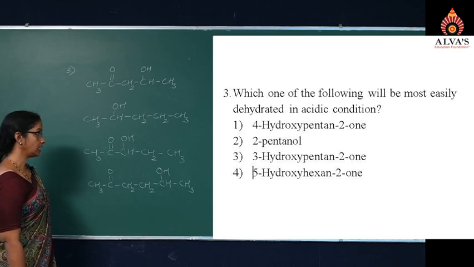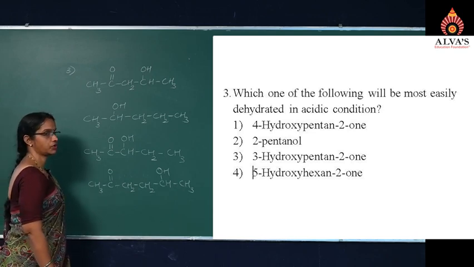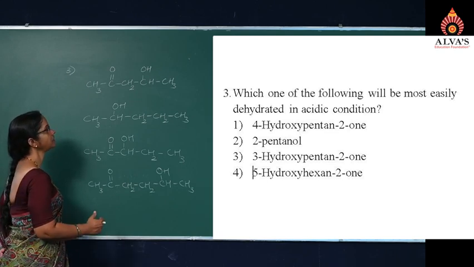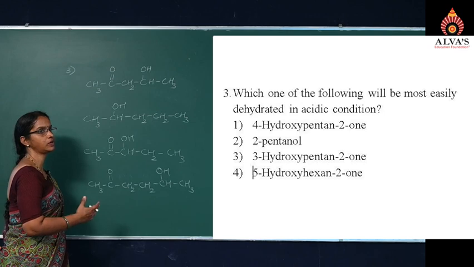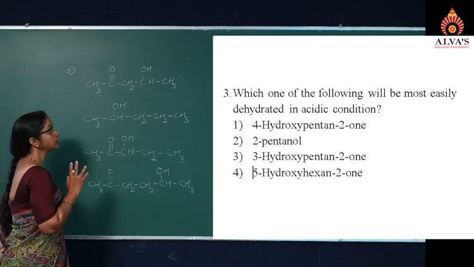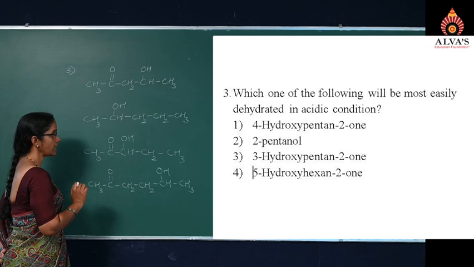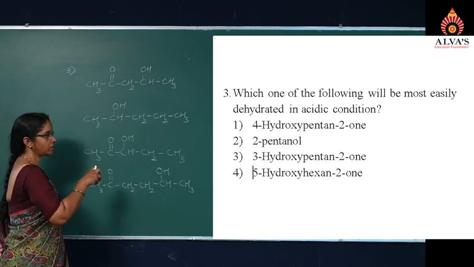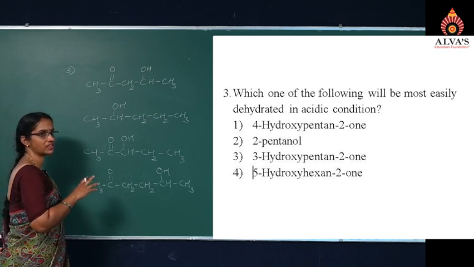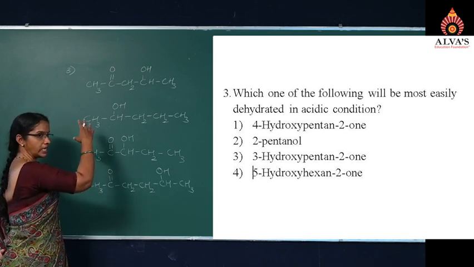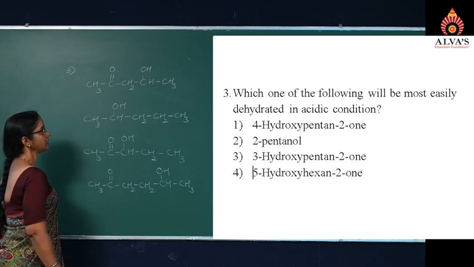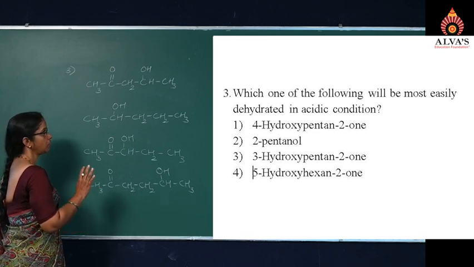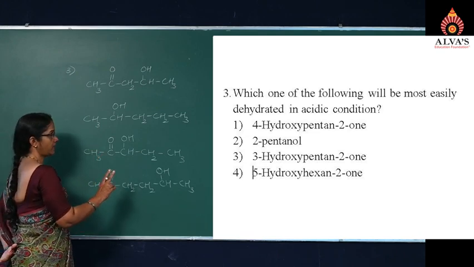Now, for dehydration in acidic condition, the first step is protonation of the OH group. After protonation, the OH group will leave as water and simultaneously a hydrogen has to be removed from the neighboring carbon. Now, this dehydration will take place in the molecule where the hydrogen removed in the second step is more acidic. When I look at the molecules, I observe that the first option has a molecule having 2 alpha hydrogens.